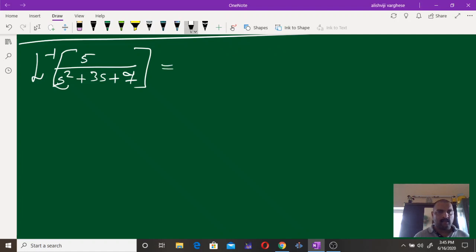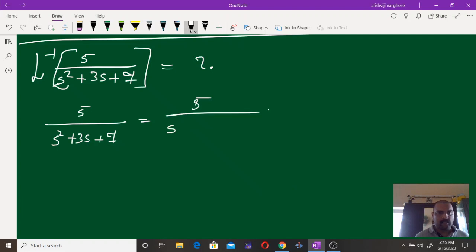So we try to express 5 by s square plus 3s plus 7 as a perfect square. So this 5 divided by s square plus 3s plus we add the square of half of the coefficient of s.